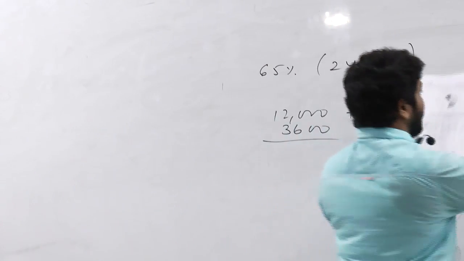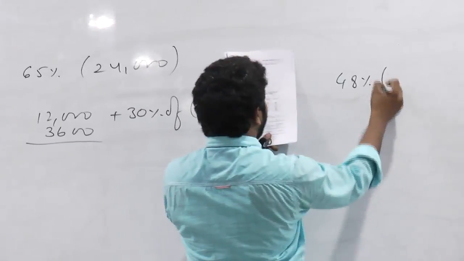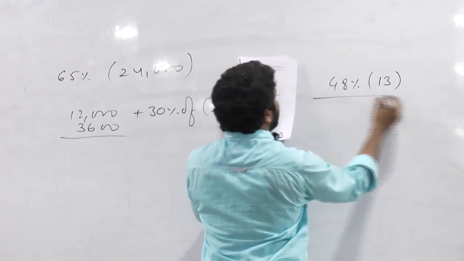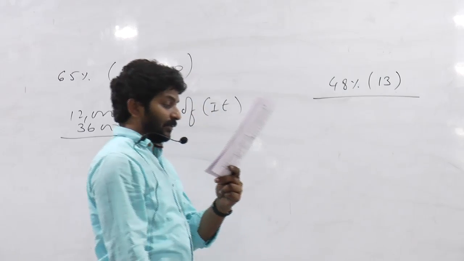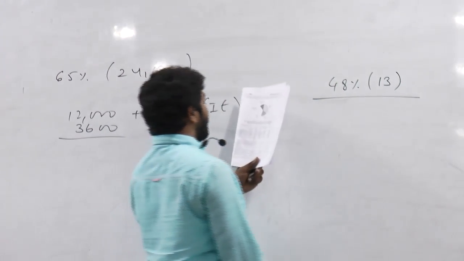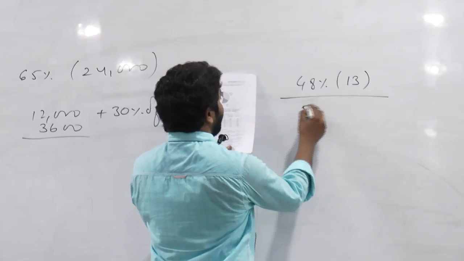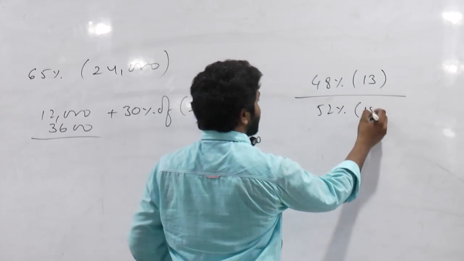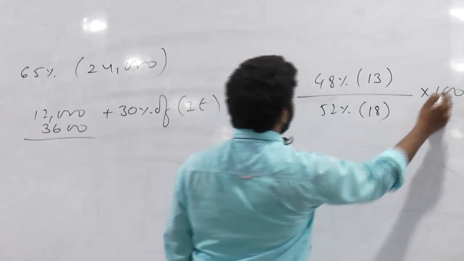What percent is that? 48%. 48% of what? Indraprastha occupies what percent? 13%. Percentage of what? Jamia students listening to FM Gold. How much percent? 52%. And Jamia occupies what percent? 18%. Percentage, right? So into 100.